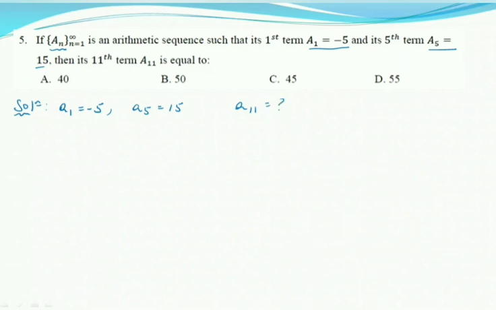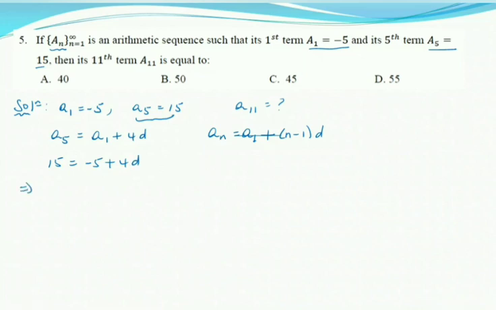So let us take the fifth term. The fifth term is the same as the first term plus 4 times the common difference, because the nth term is the first term plus n minus 1 times the common difference. So the fifth term, 15, is equal to the first term plus 4 times the common difference.